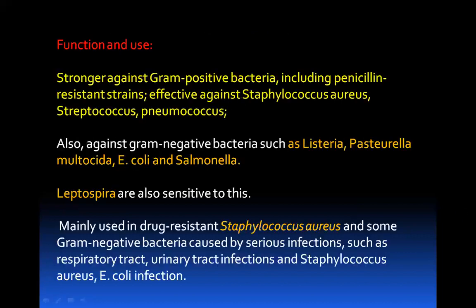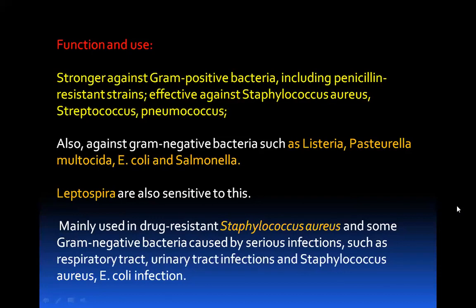Finally, the important aspect here would be the functions and use applications. It's stronger against gram-positive bacteria, that is Staphylococcus, Streptococcus, including penicillin-resistant strains, effective along with Strepto and Staph against pneumococcus also.